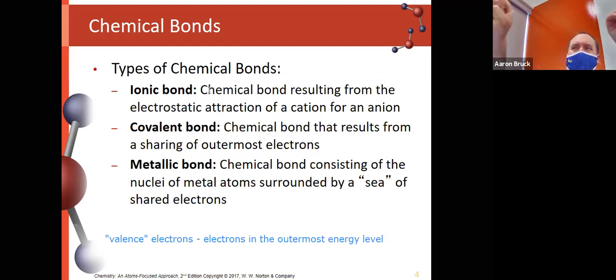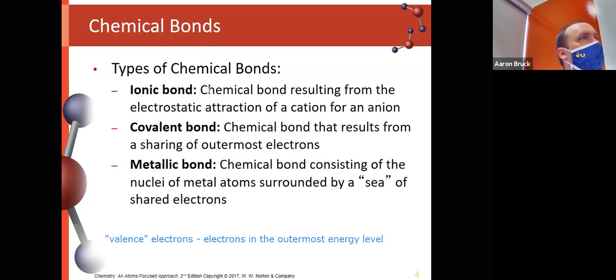If we get them close enough to each other, the valence electrons of this atom and the nucleus of this atom are close enough that they can actually interact with each other. And that's what a covalent bond essentially does. We have electron clouds overlapping, and the overlapping of those electron clouds allows the nuclei to attract the electrons of the other atom.